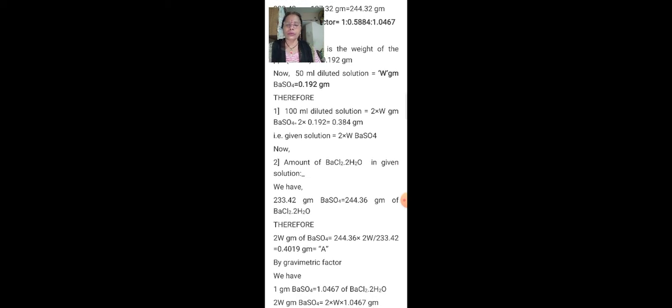Now the amount of barium chloride in the given solution depends on this relation. 233.42 gram of barium sulfate corresponds to 244.36 gram of barium chloride, and therefore 2W gram of barium sulfate corresponds to 244.36 into 2 into the weight of the product divided by 233.42, and it comes to 0.4019 gram of barium chloride present in it.